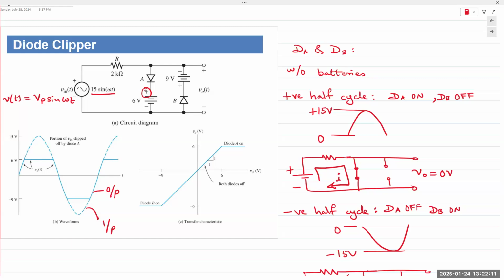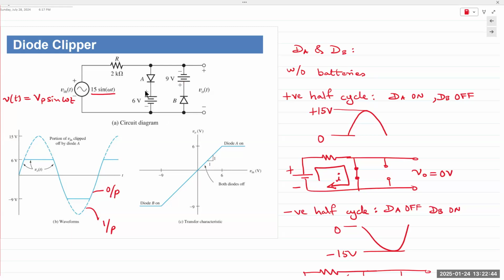Similarly, for diode B, the cathode is held at plus 9 volts. So the anode must go higher than plus 9 volts for diode DB to turn on. Otherwise, diode DB would always remain off. So once again, in order for a diode to conduct, or become forward biased, the anode must be higher than the cathode.